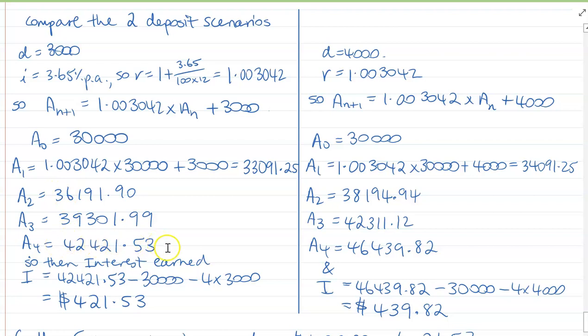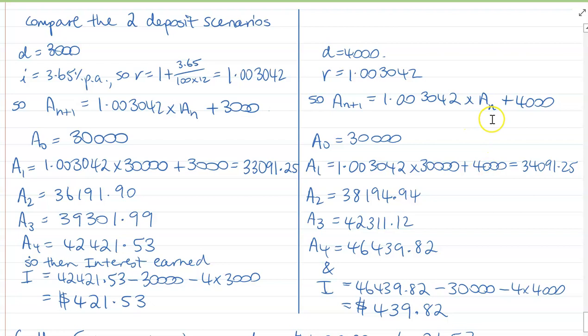So after 4 months, he would have a balance of $42,421.53, which means that the interest he earned making those $3,000 deposits was $421.53 over the 4 months.